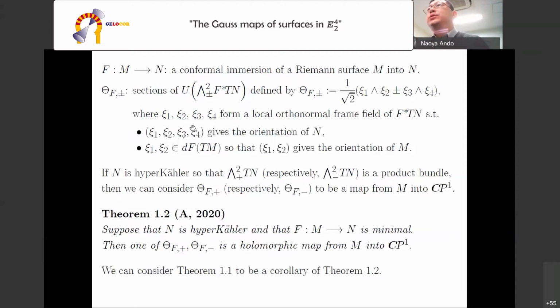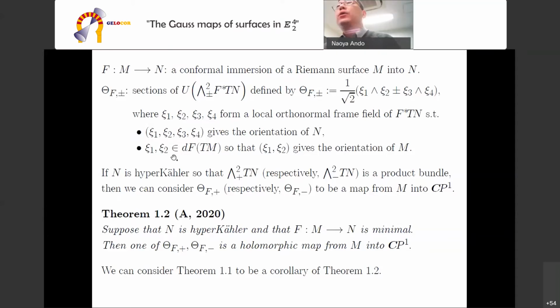Xi1, Xi2, Xi3, Xi4 form a local orthonormal frame field such that Xi1 and Xi2 are tangent to the surface, so that this gives the orientation of M. If N is hyperkähler, so that this bundle is a product bundle, then we can consider theta_F^+ to be a map from M into CP^1.